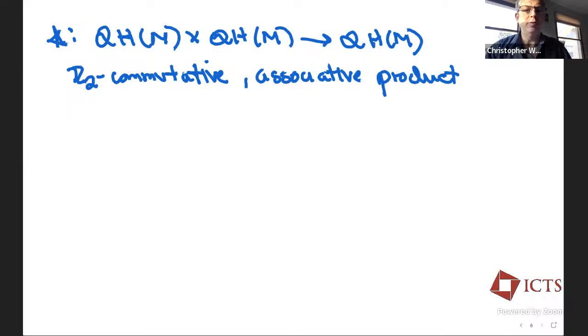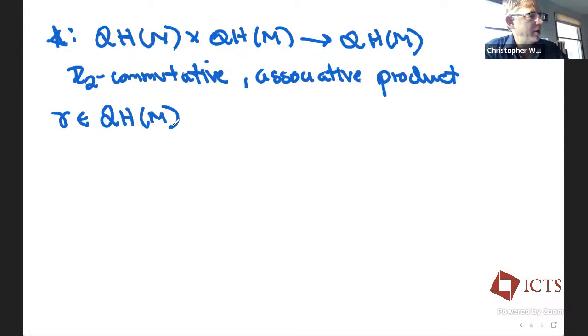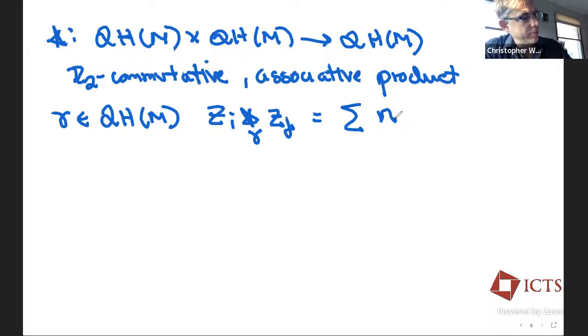Okay. So another thing I can do is I can take a gamma. Actually, it doesn't have to be a degree 2 cohomology class. And then I can define Zi star sub gamma Zj. And this will be Nijk gamma of beta, Q to the beta.